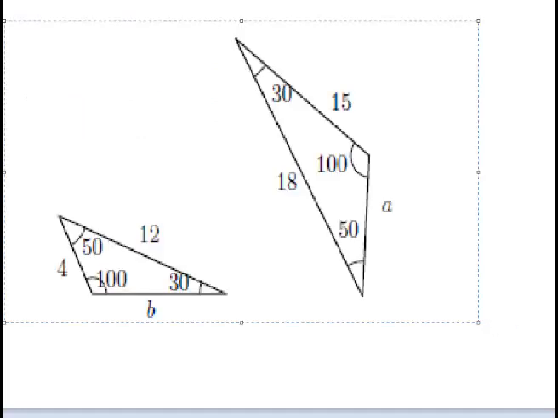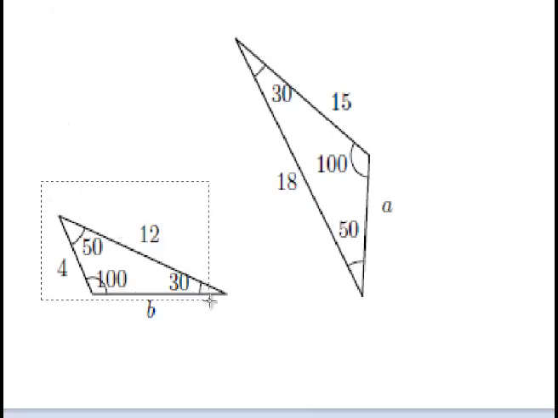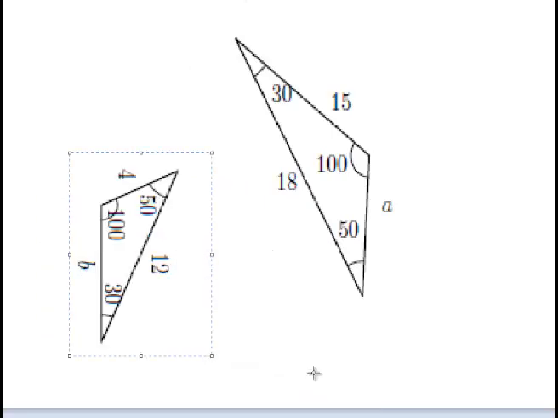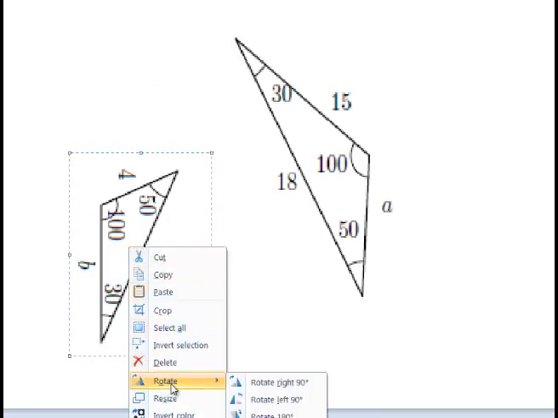It may help to visualize the shape turned so that it's more comparable. For example, if we rotate this, let's say 90 left. No, okay, that other way. Let's rotate it back.